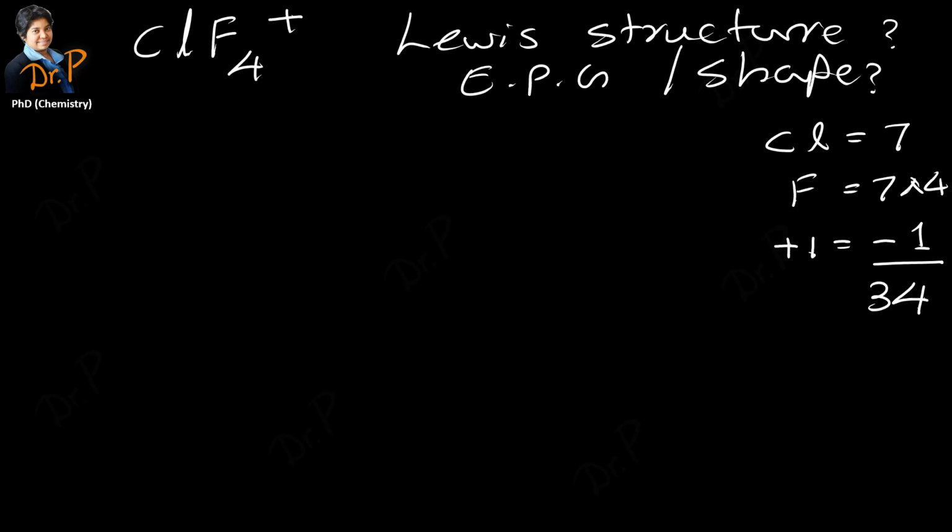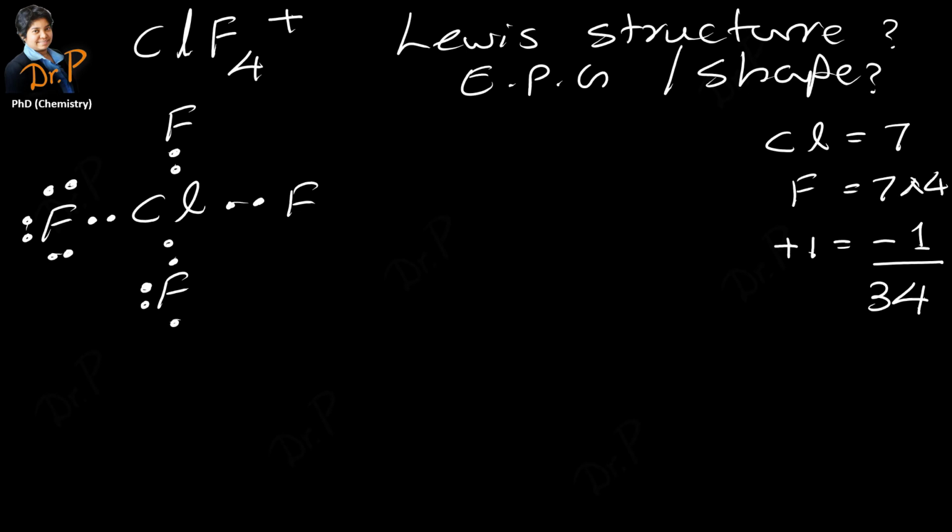So I'm going to put chlorine in the center, place the other 4 atoms around it like this, and then connect them with a pair of electrons. 1 2 3 4 5 6 7 8 9 10 11 12 13 14 15 16 17 18 19 20 21 22 23 24 25 26 27 28 29 30 31 32. I have used 32 electrons from this 34.